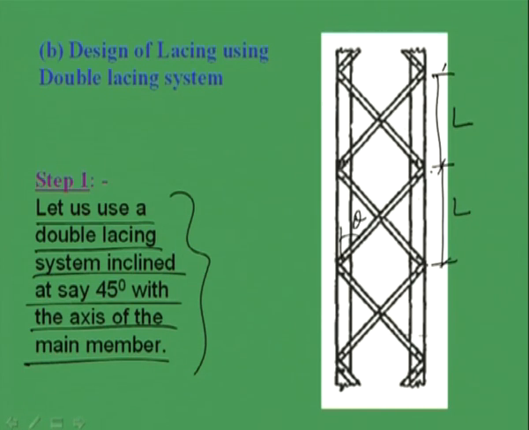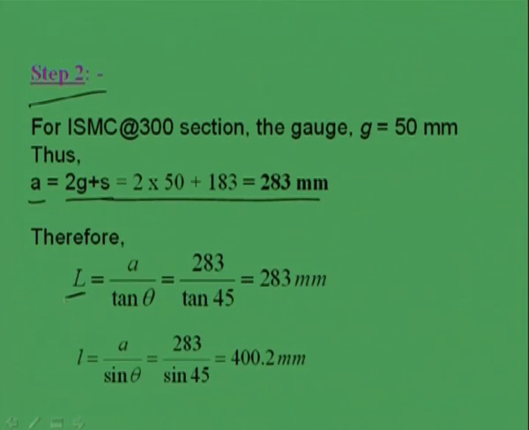From this triangle, where this is theta and this is A, we can find out L, which is L equal to A by tan theta, where A is 283 millimeter and theta is 45 degree.